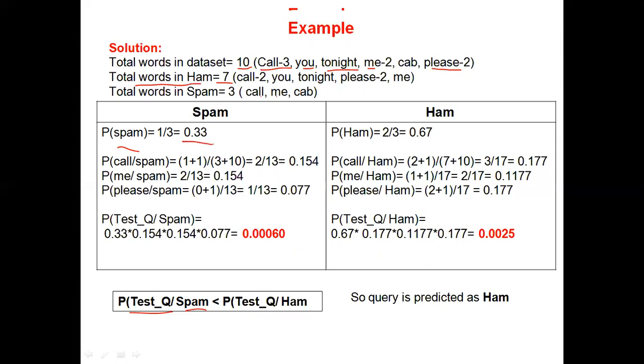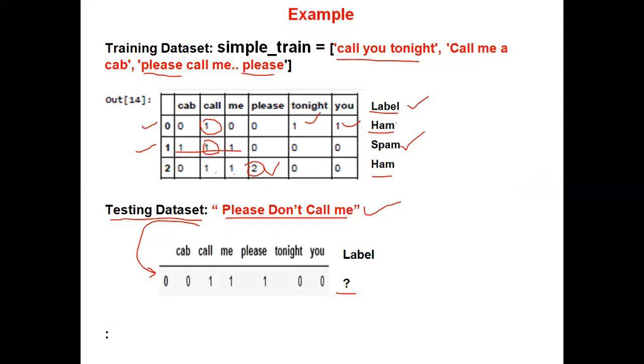So my probability is 0.33. Then my query includes the word call, the word me, and the word please, right? So for this, we need to calculate the probability of the spam label and the probability of the ham label.